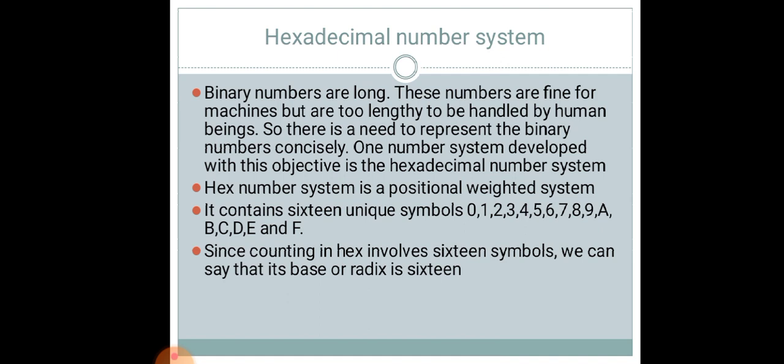So it contains 16 unique symbols like 0, 1, 2, 3, 4, 5, 6, 7, 8, 9, A, B, C, D, E, F instead of 10, 11, 12, 13, 14, 15.